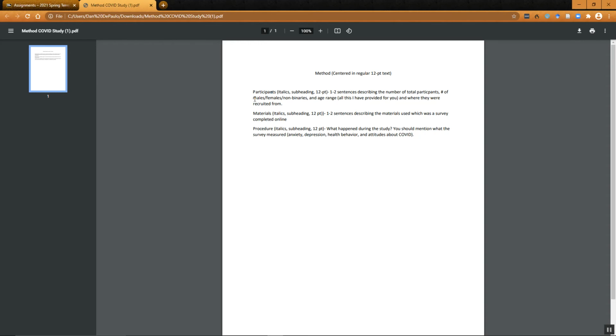The age range for these 19 participants was between 19 and 54. So the age range was 19 to 54. And these participants were recruited from a research and psychology class at the Borough of Manhattan Community College.